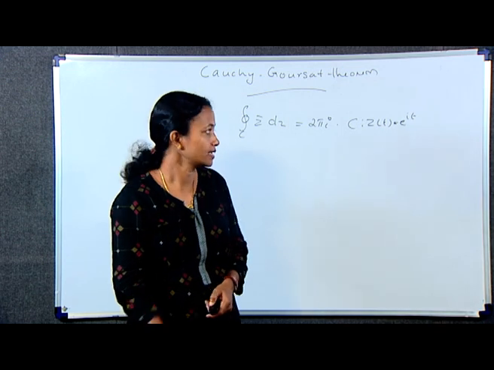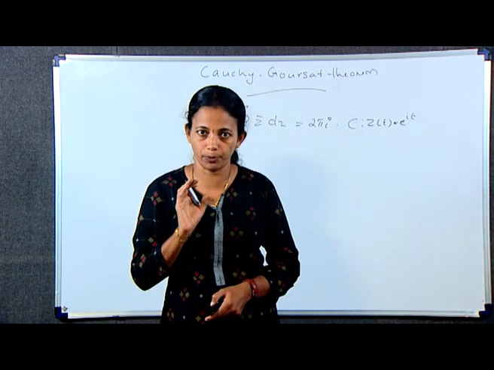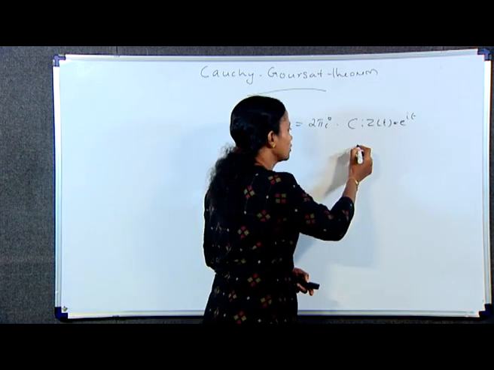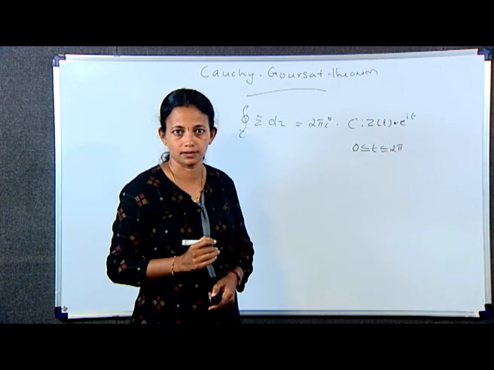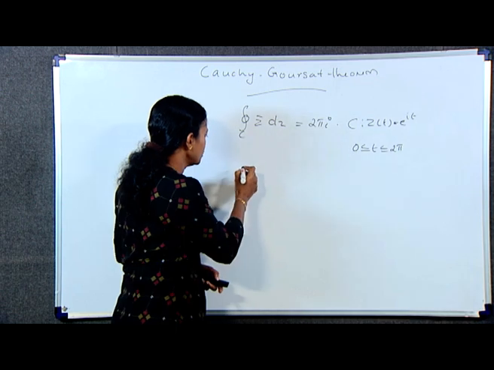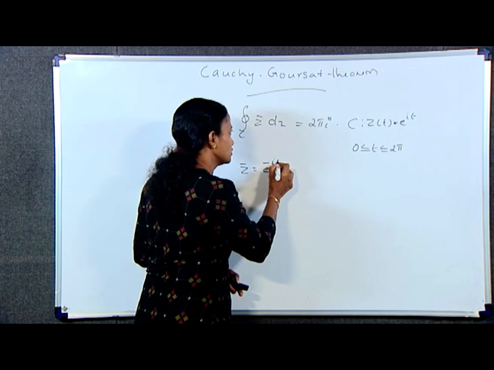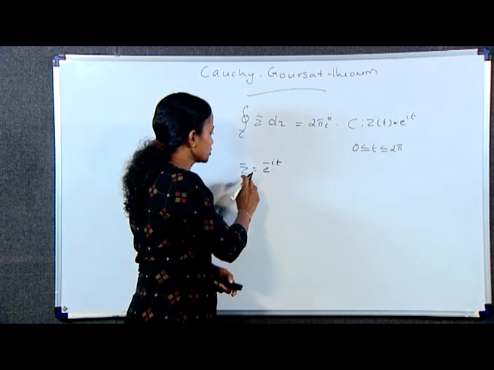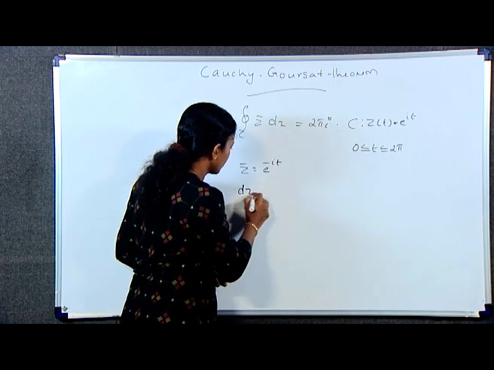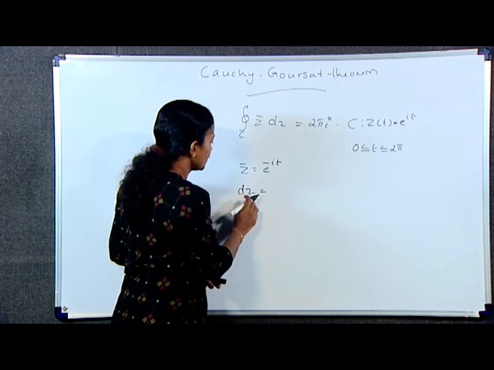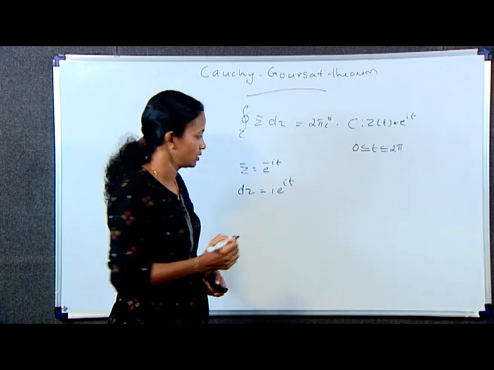Since C is z(t) is equal to e raised to i t, where t varies between 0 and 2 pi, that is 0 less than or equal to t less than or equal to 2 pi, on C, z bar is equal to e raised to minus i t. We have z(t) is equal to e raised to i t, so dz is equal to i into e raised to i t dt.